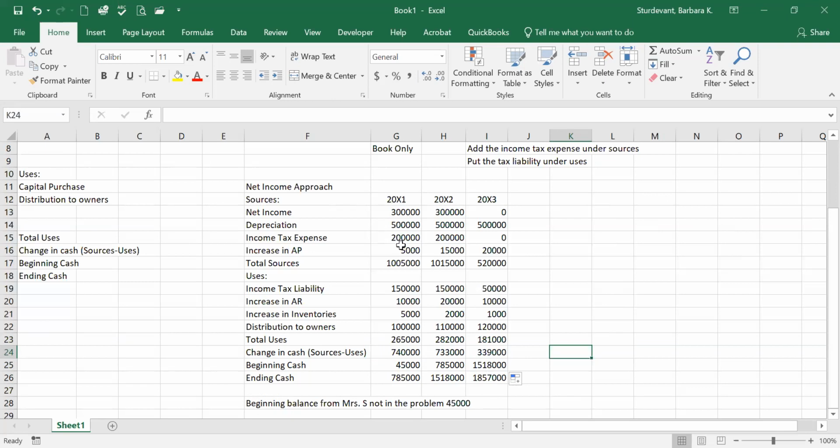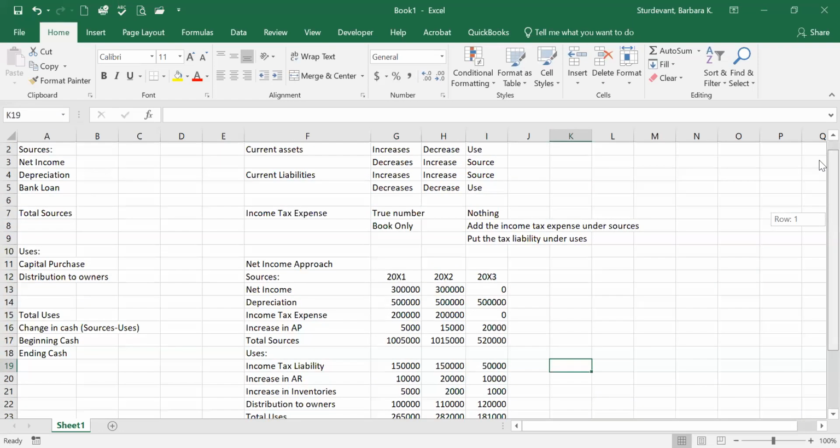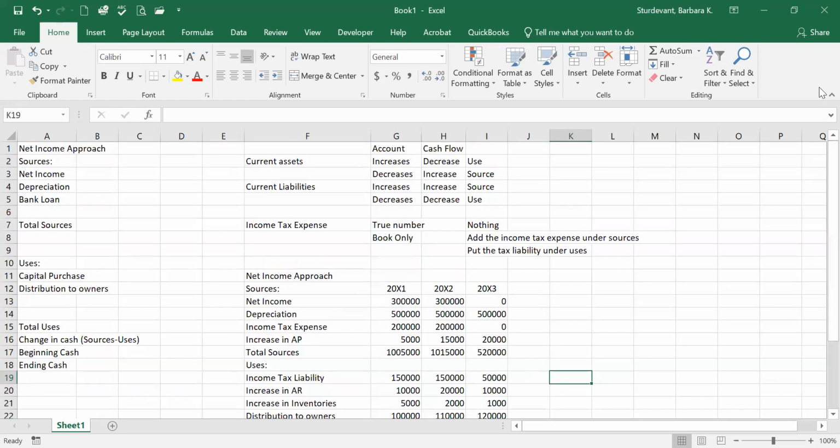All right, so we're going to go through the steps again. And if you have any questions, ask. So the way that you approach these is you start with the net income.